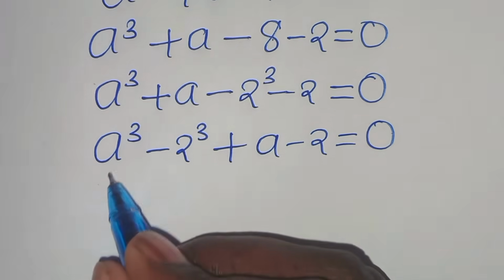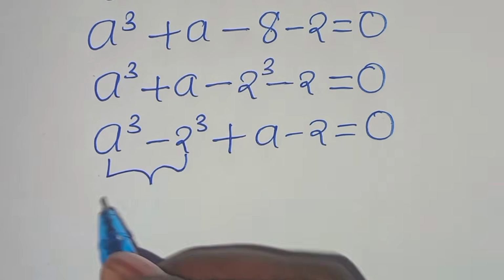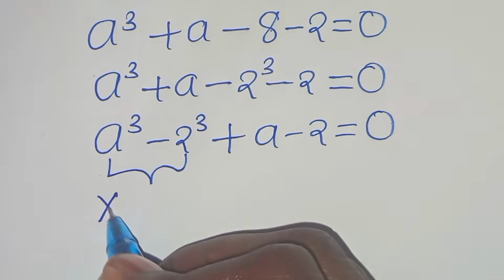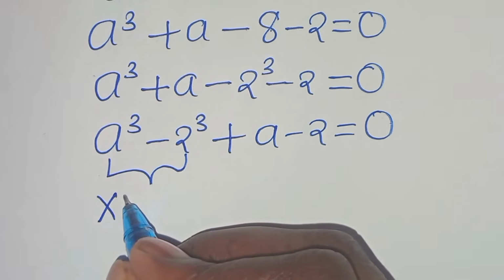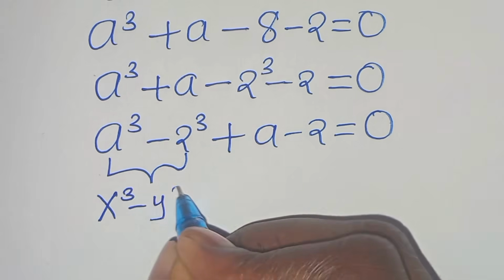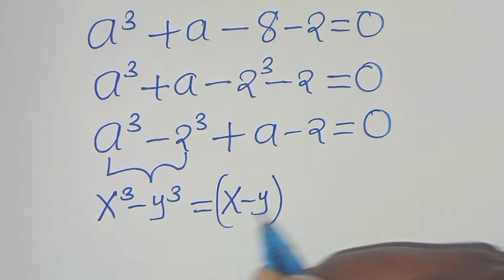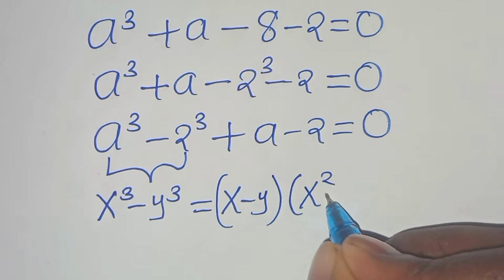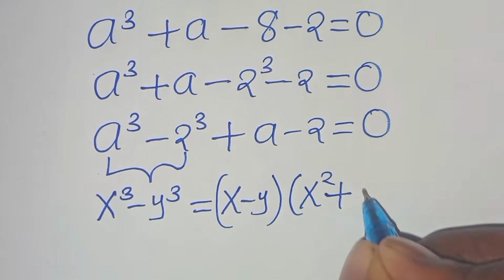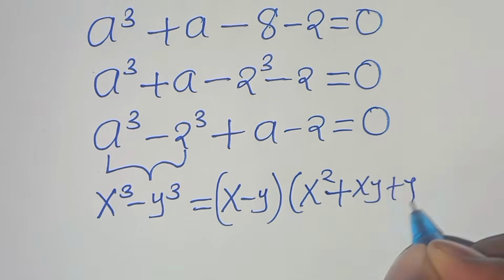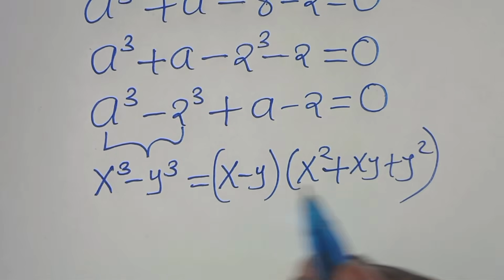Now, we have that this part is the difference of two cubes, expressed as x to the power of 3 minus y to the power of 3, which can be expressed as x minus y multiplied by x to the power of 2 plus xy plus y to the power of 2. So let's apply this identity.